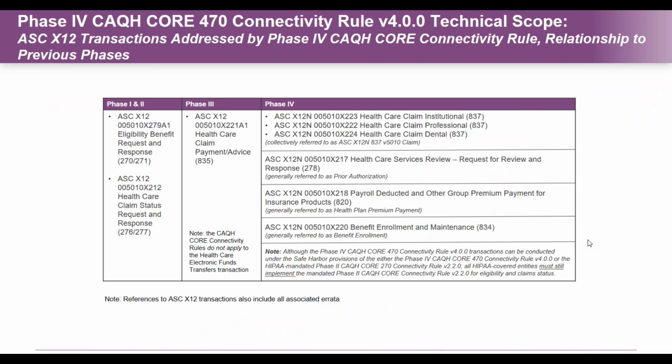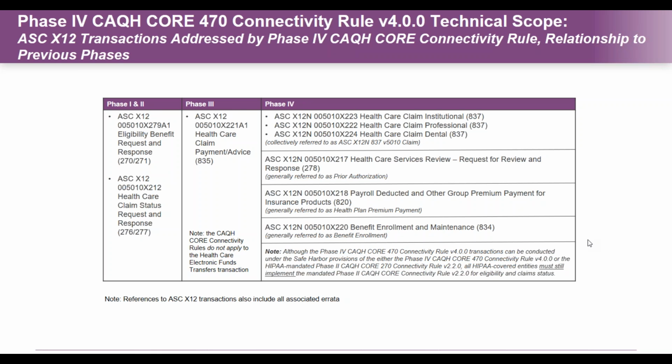So this table sort of shows the focus areas in terms of the X12 transactions within the various core phases. Shown on the far right is the focus area of phase 4. This includes the claim transaction, prior authorization, premium payment, and enrollment transactions.